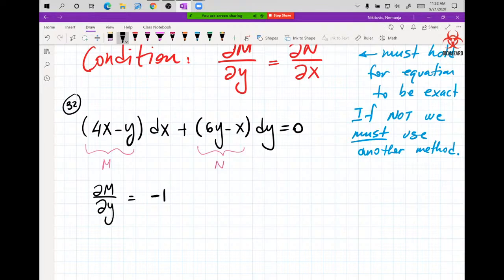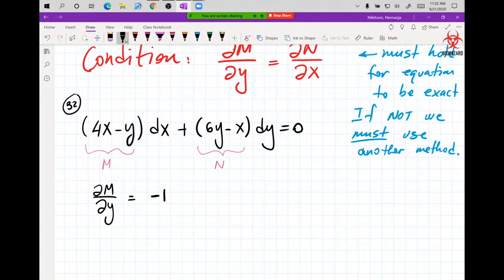Because when I'm taking the derivative in respect to y of this, there is no y in the first term. It's all in respect to x, which means that the derivative is 0 because it's all constants in the eyes of the derivative. There is no variable in the entire term because my variable is y. There is no y in the first term, therefore the partial derivative in respect to y for the first term is just 0. Now the derivative of y in respect to y is 1, and then you have a minus, right? So it's -1. And the -1 is the partial derivative, which is dM/dy.